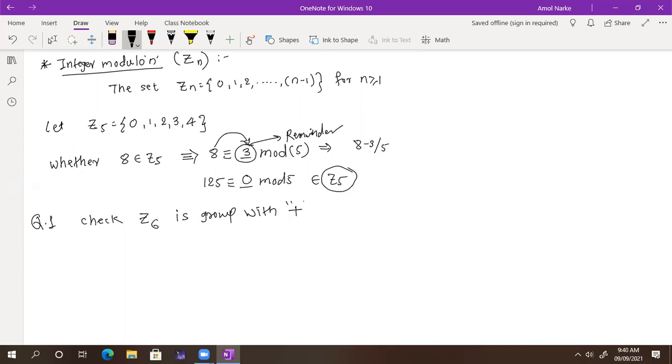First we will discuss addition. So we need to check whether Z6 with plus is a group. This is my question.